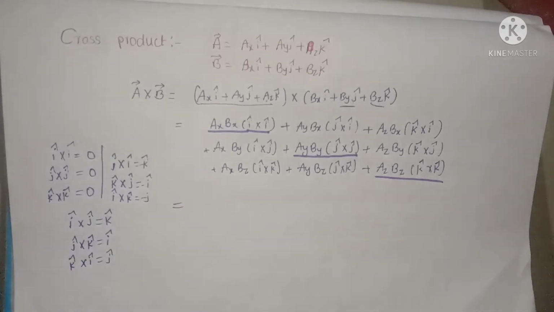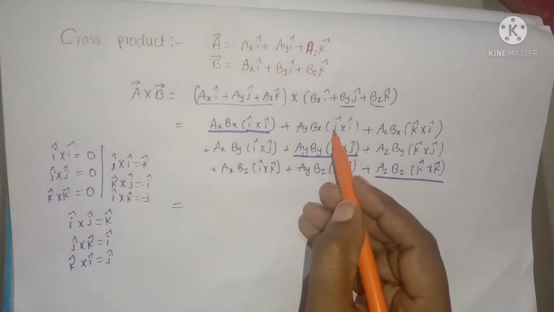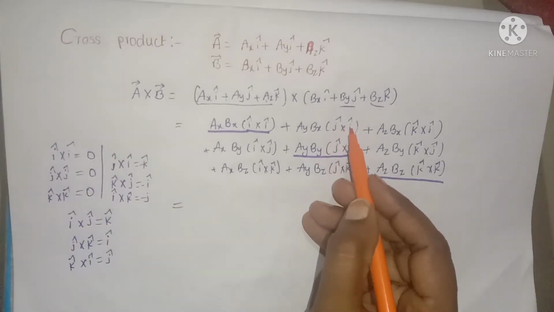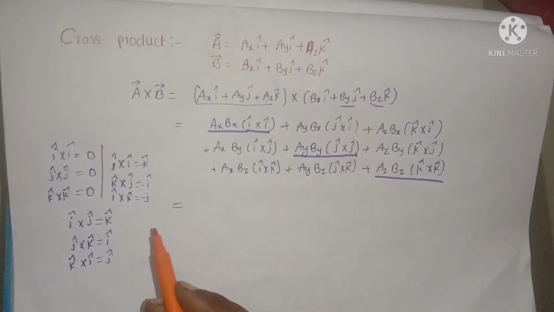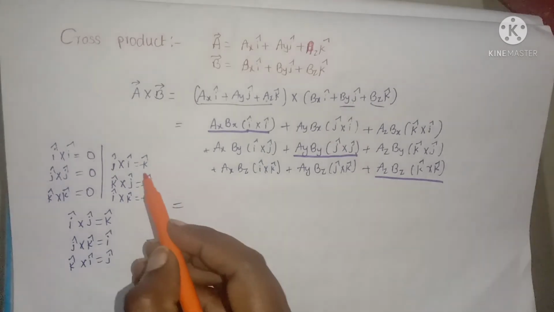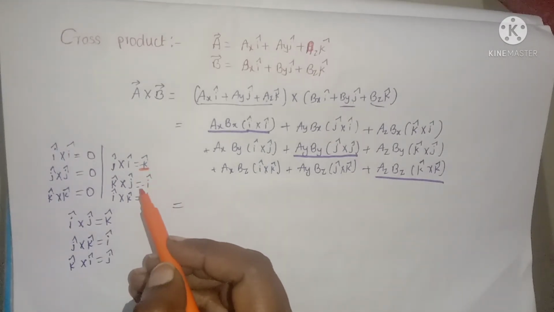When a unit vector is multiplied by itself, that answer will be 0. So see the next one, j cross i. So see here, j cross i means minus k cap.